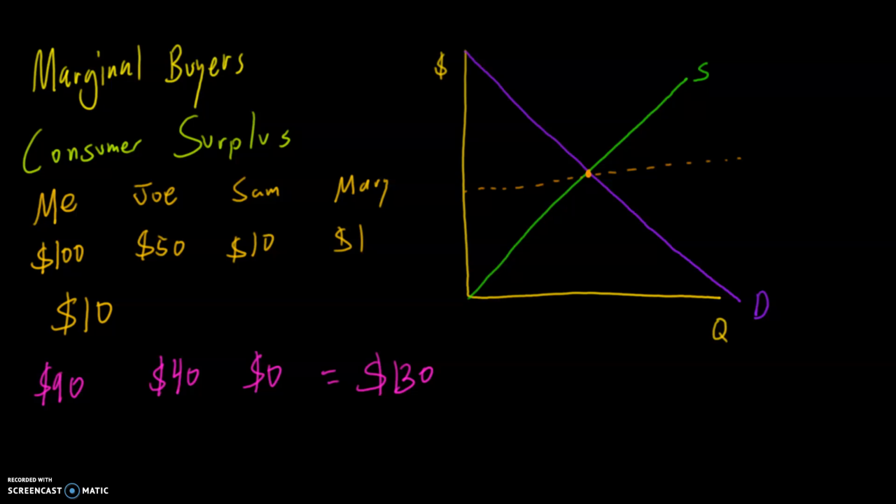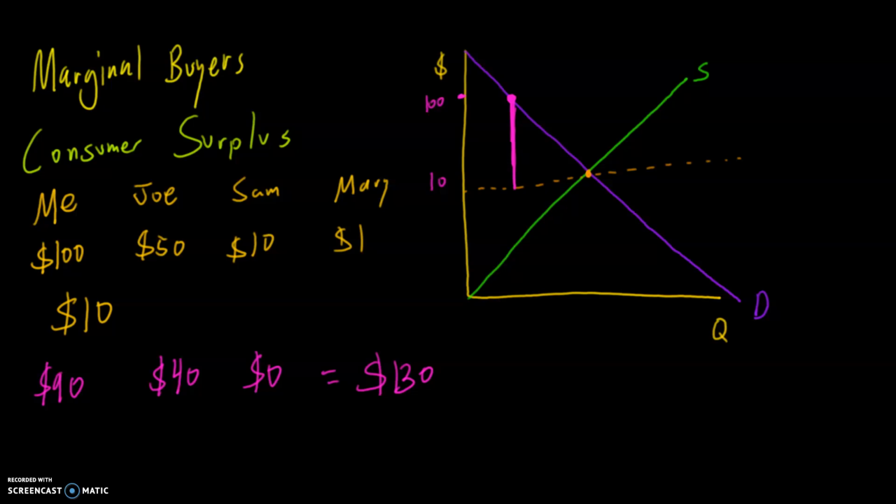Here's the demand curve, and it's really a curve showing each of the marginal buyers. For example, here, this is a marginal buyer at this price. Let's say this is me with the burrito. This is $100. And this is the market price of the burrito, $10. So this line represents those $90 of consumer surplus.